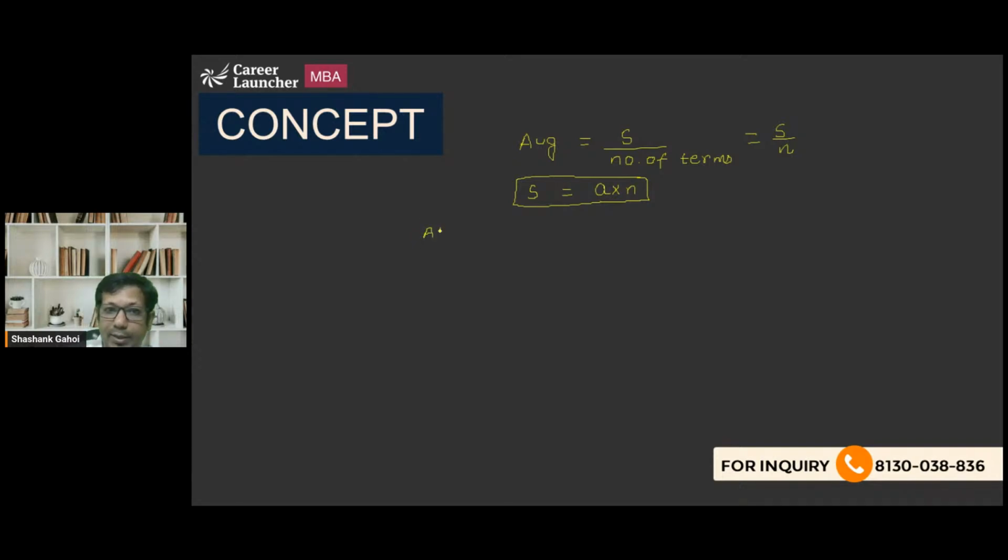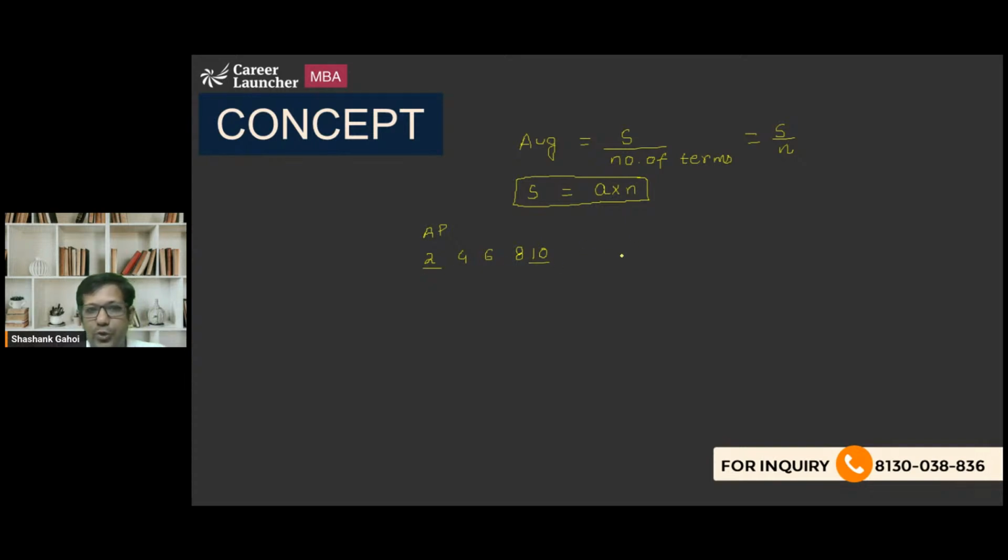Now let's say we are talking about an AP, arithmetic progression. An AP is a series where the difference between any two consecutive terms is the same, for example 2, 4, 6, 8, 10. The average of an AP is defined as first term plus last term divided by 2.